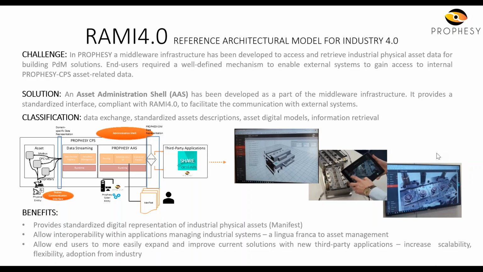The second advantage is that it establishes the foundation for interoperability between applications managing the industrial systems. And finally, by using the asset administration shell, our system, in this case the ProForesee solution, can be easily expanded and improved by any external application.